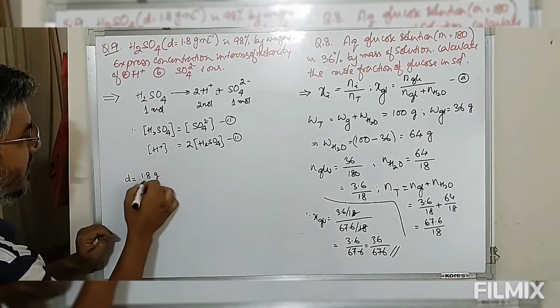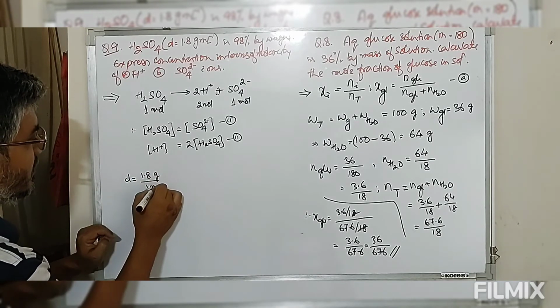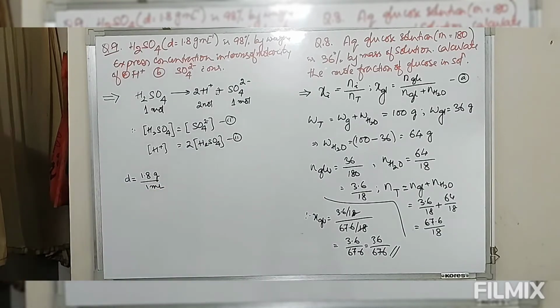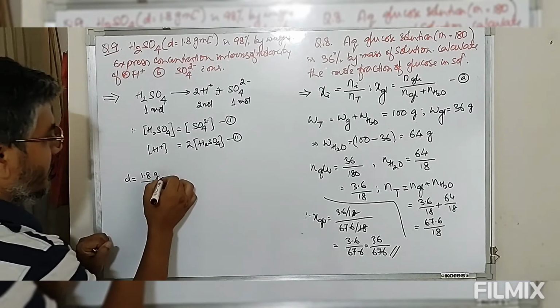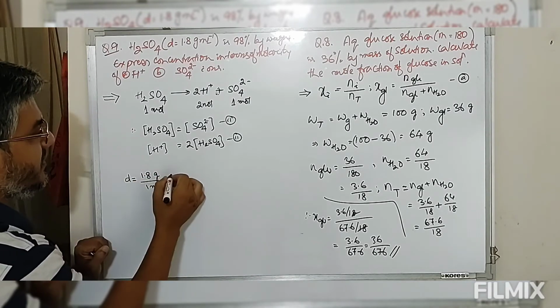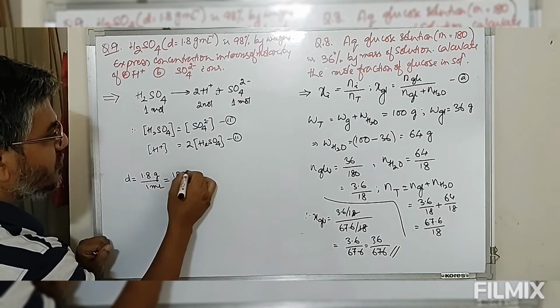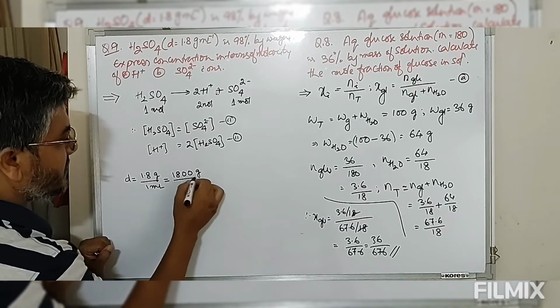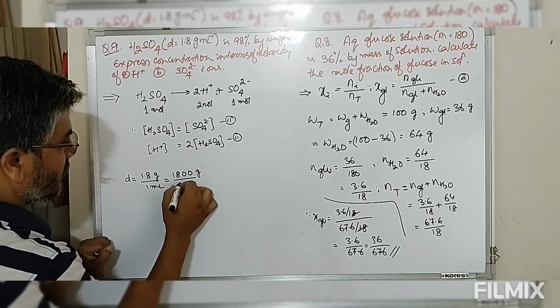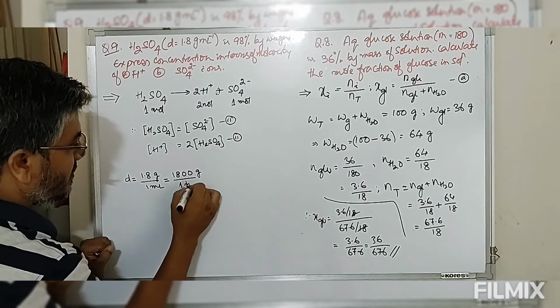So now look at this, density of the solution is 1.8 gram present in 1 ml. So 1.8 gram is present in 1 ml of the solution. That means 1800 gram is present in 1 liter.